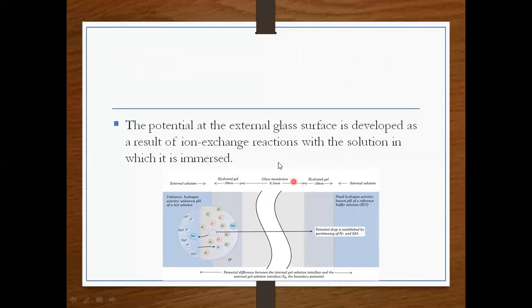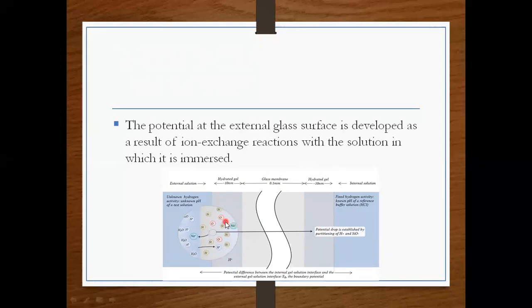This is the dry glass body, and 10 nanometer towards the left side is the hydrated layer that is in contact with the external solution or the solution of unknown pH value. And towards the right side, it is the hydrated gel layer on the inner side of the glass membrane, that is in contact with the 0.1 molar HCl solution or the buffer solution.